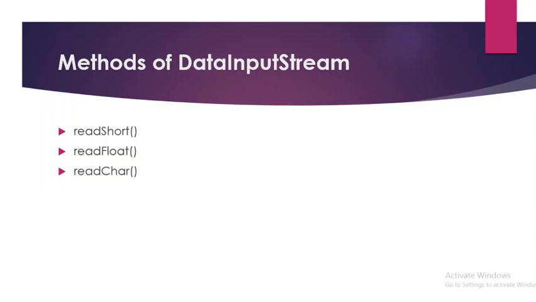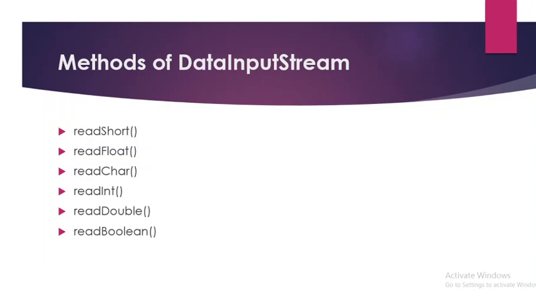This method is used to read a single character data type from a given stream. Next, readInt. This method is used to read an integer data type from a given input stream. readDouble. This is used to read a double data type from a given input stream.